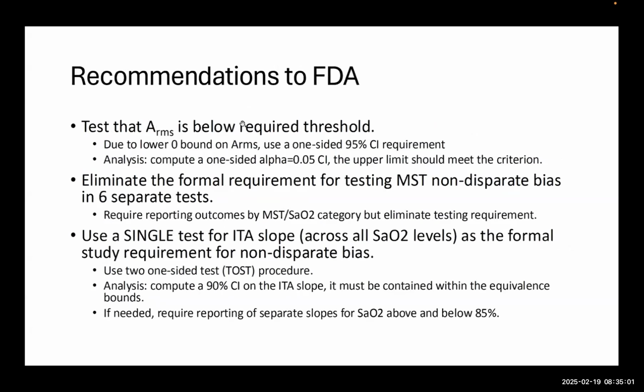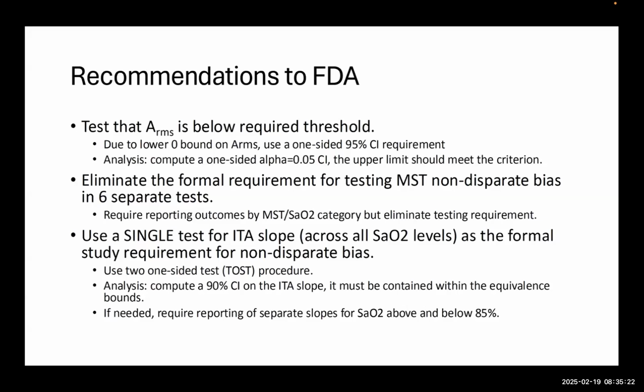So after all that, the high-level recommendations to FDA are, number 1, leave the RMS test as is. Number 2, from my point of view, the MST non-disparate bias with the 6 separate tests is not really required for a formal test.